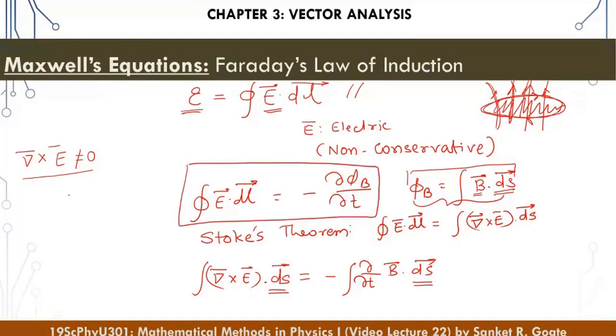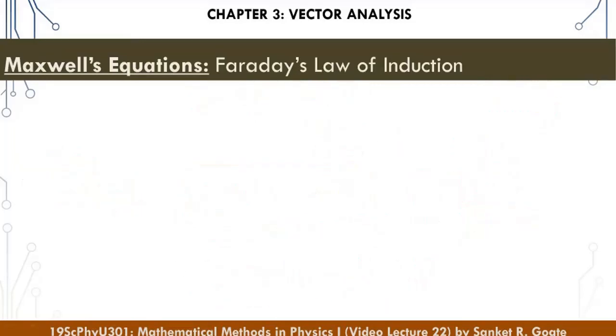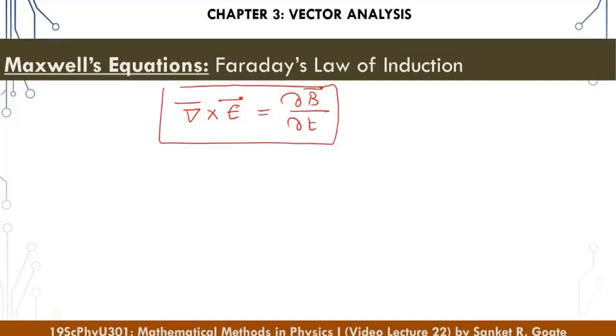And if this is the integral form of Maxwell's third equation, then its differential form is obtained when we write this equation without the integration symbol, which is, let me write it here, del cross E is equal to minus dou B by dou t, the rate at which the magnetic field is changing when it is written explicitly as a function of time.